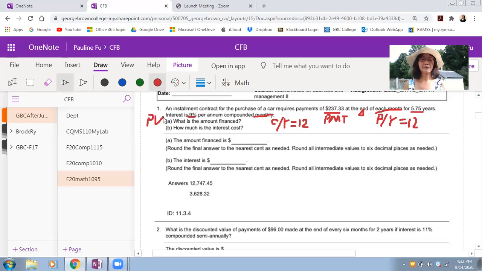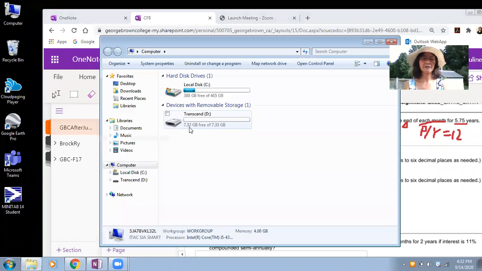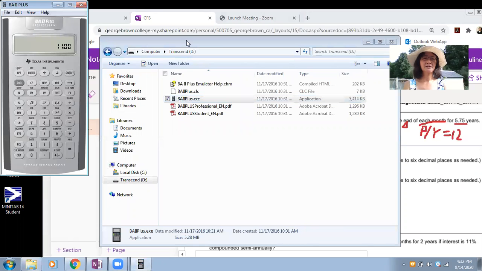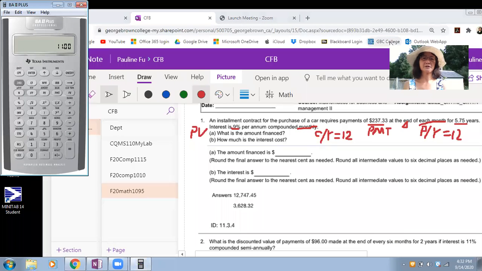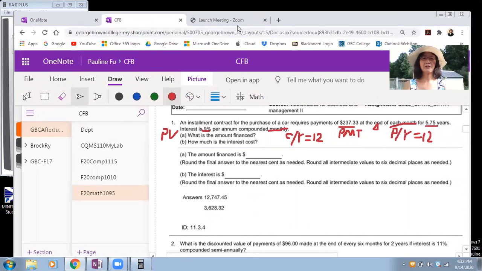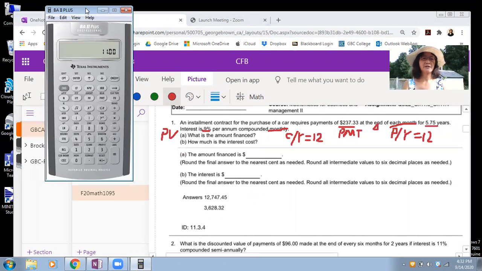To calculate the PV, I'm going to use a calculator. I'm going to open up my calculator. Try to move the window a little bit so that you can see both the question and the calculator. Remember, you need to clear everything: before you do anything, second, quit.